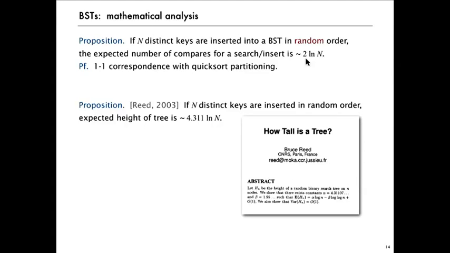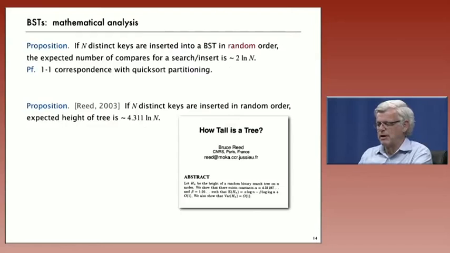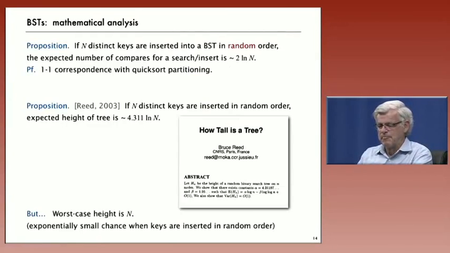It also has been shown, actually not that long ago, that the expected height of the tree, if the keys are inserted in random order, the height, that's the worst case length of a path in the tree, is about 4 natural log n. This is the average path in a tree; this is the worst of all the keys. So if you have the keys in random order, the binary search tree gives efficient search and insert.